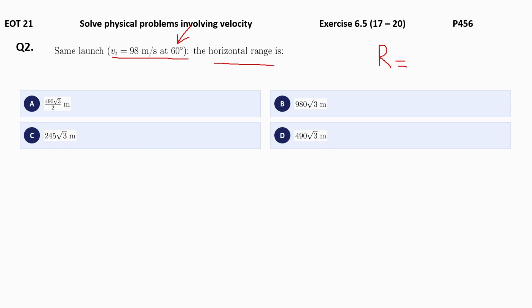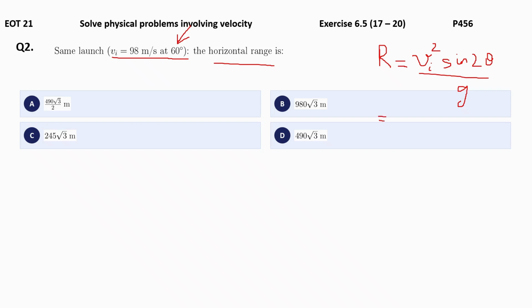Earlier we used to follow x double prime, x prime, x, isn't it? But now let's switch to this formula. That's vi square sine 2 theta divided by g.